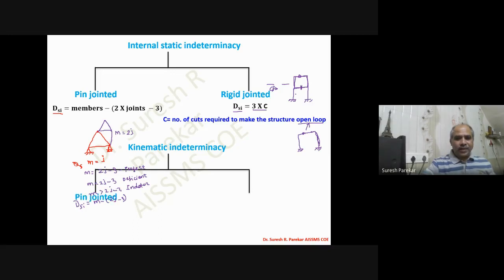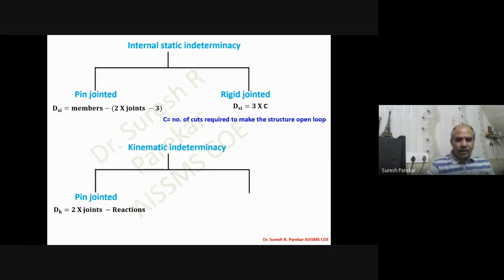Now for kinematic indeterminacy, for pin jointed we have 2J minus reactions. Why 2J? If we go to a pin jointed truss, at each joint we have 2 unknowns, that is delta H and delta V. And where we have reactions, the displacement is not there.